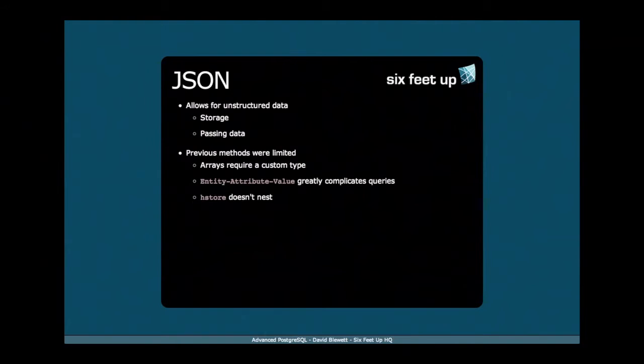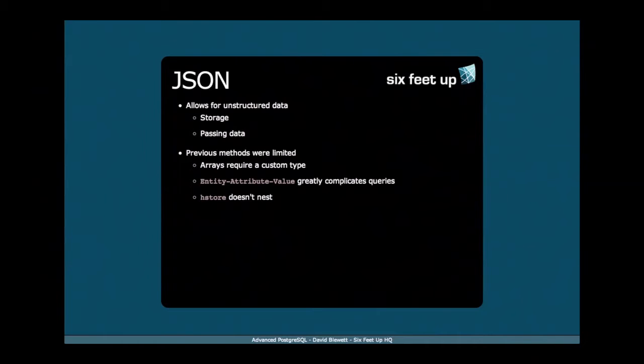You can use this type and be able to store specific information for a member without having to have the specific columns in the table. It's also good if you're passing data around into database functions.